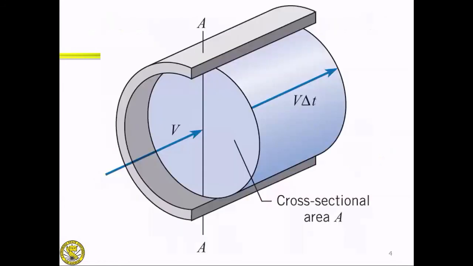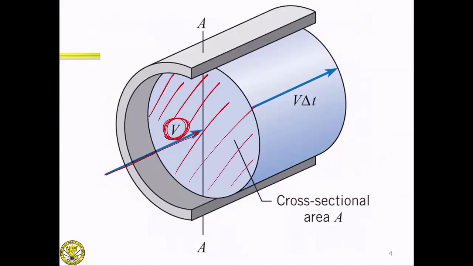Okay. Now this is showing a cross-sectional view of how a flow rate is calculated. So you have your center line, right, in the middle of your pipe. And at that center line is where we have our maximum velocity, okay? And all we're doing is calculating the velocity that passes through this cross-sectional area.